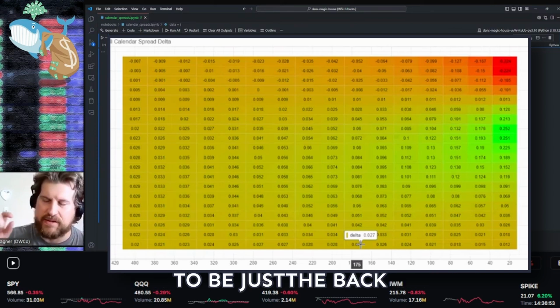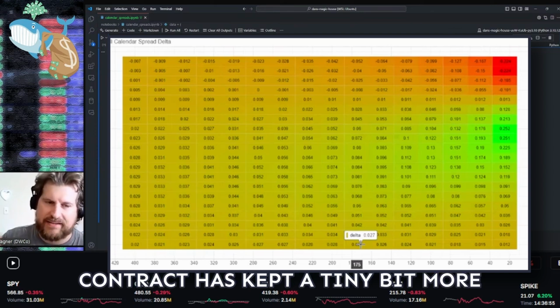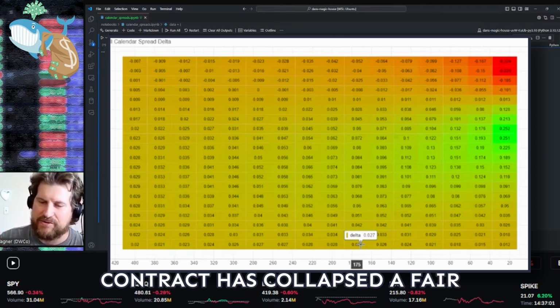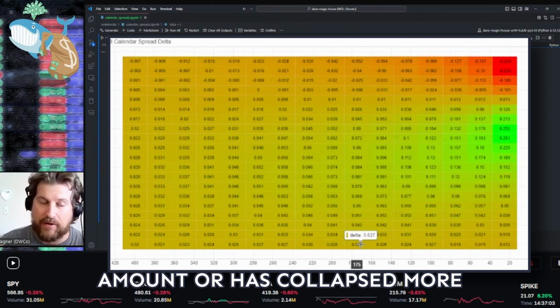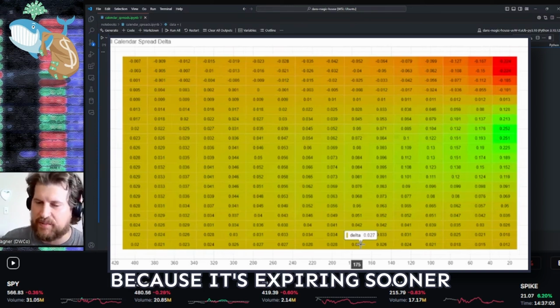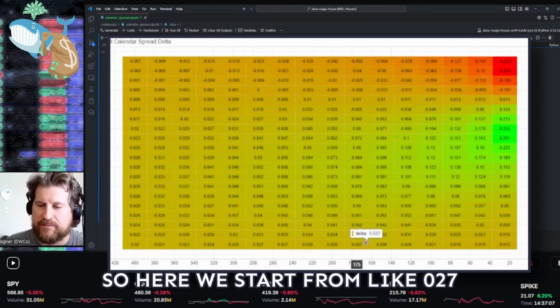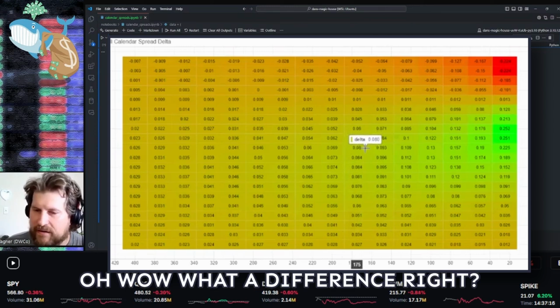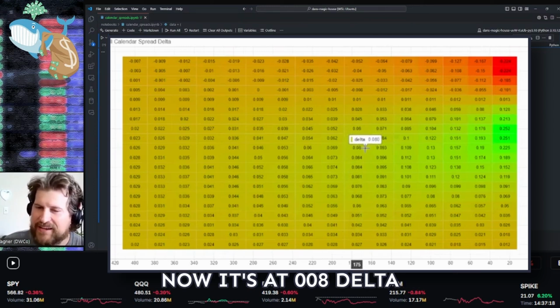So the back contract has kept a tiny bit more long delta and the front contract has collapsed more because it's expiring sooner. So here we start from like 0.027, and if we get that same move up towards 5,800, oh wow, what a difference, right? Now it's at 0.08 delta.